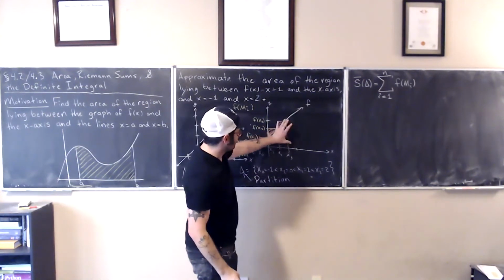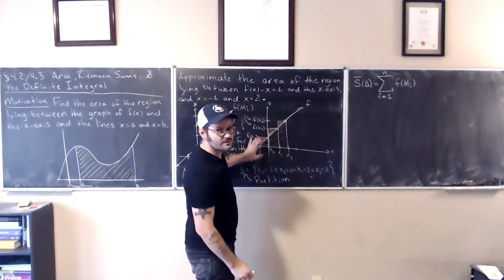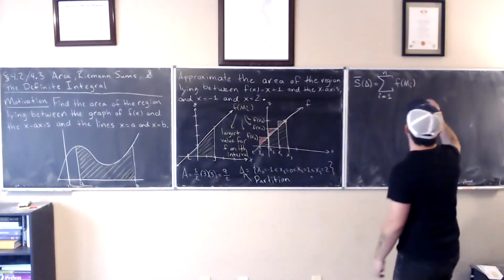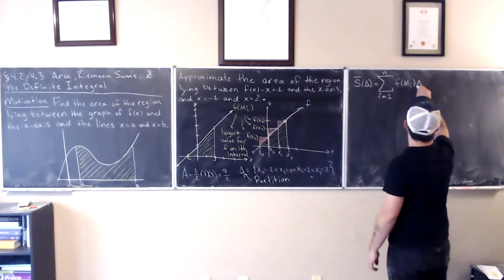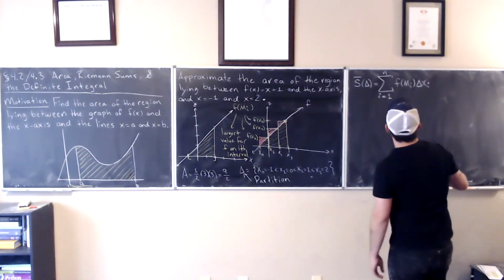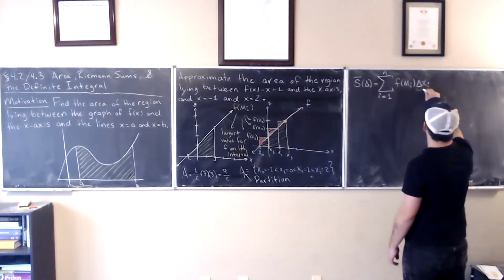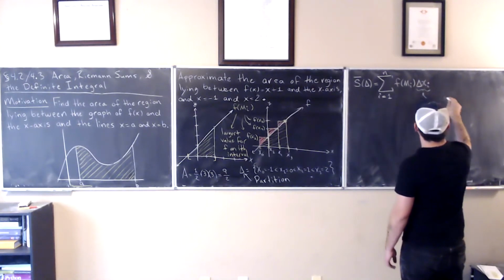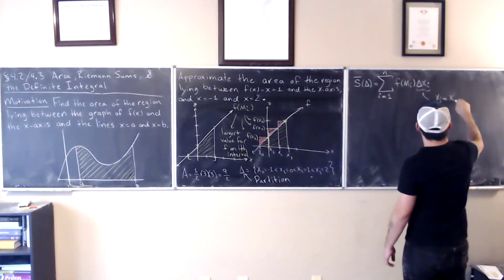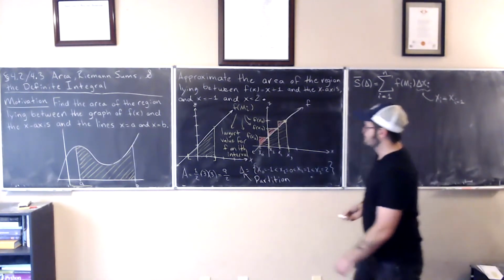So we have width, height, width, height, width, height for each of these rectangles. I'm going to denote that by delta x_i, which is simply x_i minus x_(i-1).